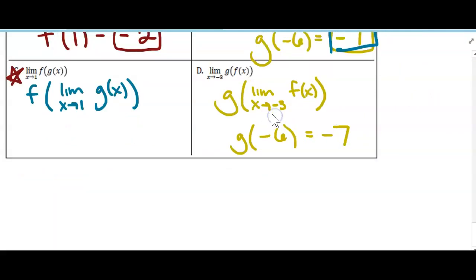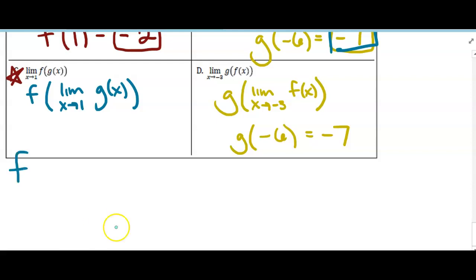If it's asking for the limit as x approaches 1, that's just saying, do my left and right side limits match? That's some of the work I need to do to extend this problem.